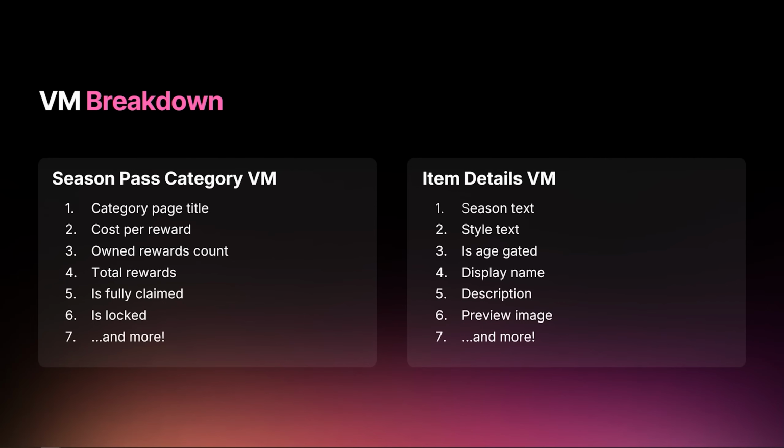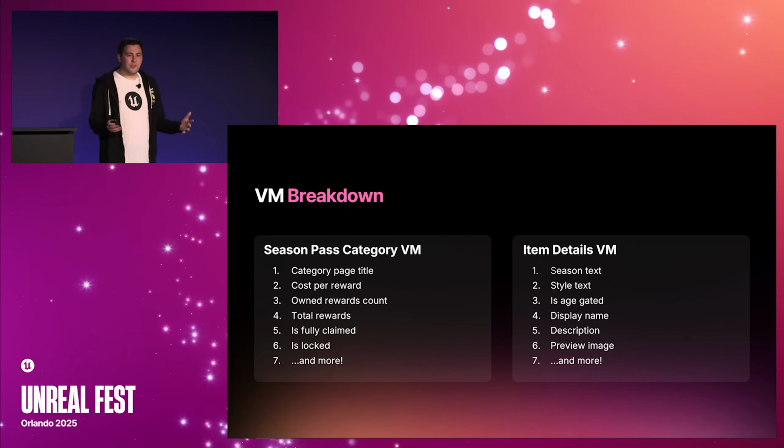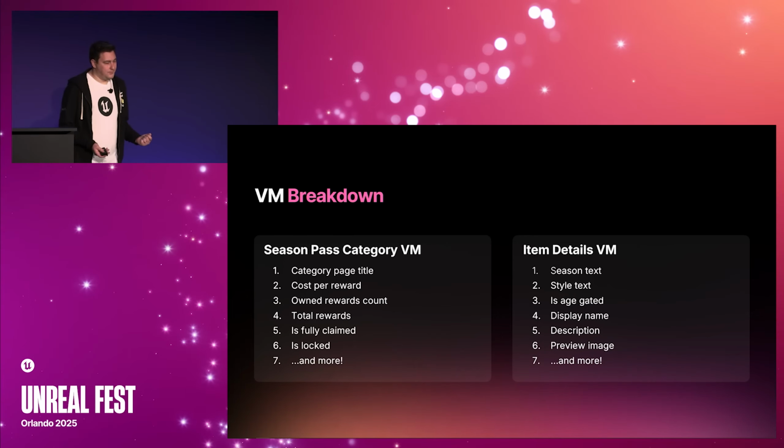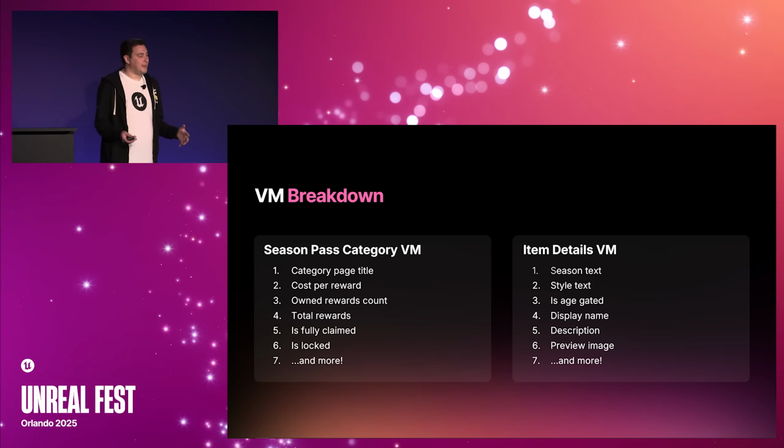All right, now let's look inside a couple of these VMs to see what kind of data they have. Season Pass category VM has data related to the pass category. This includes things like the category title, cost per reward, which we can change per category, owned versus total rewards, and more. Notice that all these values make sense to be together. Organizing your VMs into buckets like this is going to make your life easier.